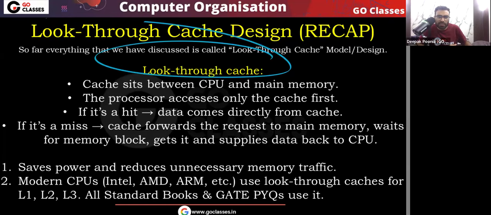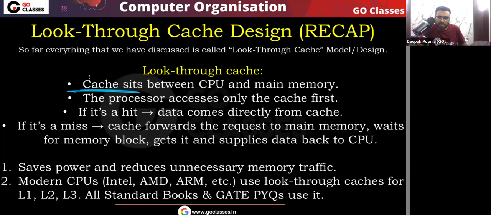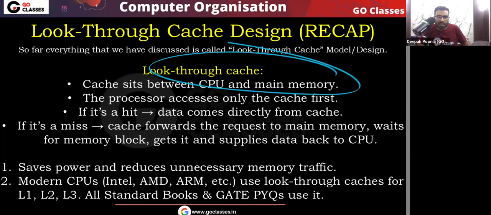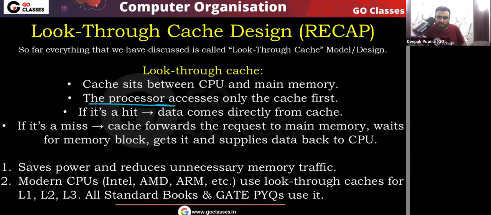So you can see what happens in a look through cache. We put the cache memory between CPU and the main memory. So the processor will access the cache first. When the processor generates the memory request, we access the cache first. We will check whether there is a hit or a miss. If there is a hit, then we will transfer the data from the cache to CPU.